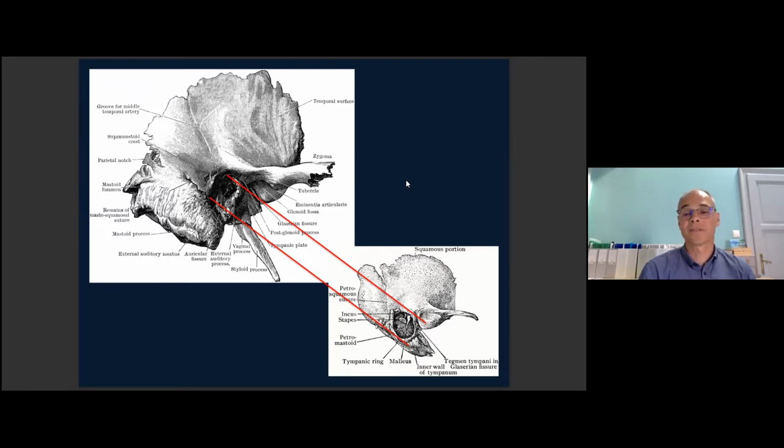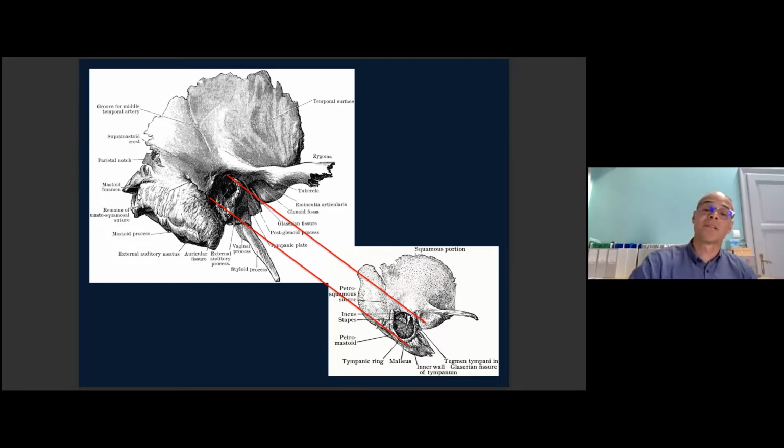I say it because if you want to understand different, non-typical clinical situations in the OP theater, or just give a lecture for students or colleagues, it is understandable if you can see what happened within the temporal bone. That is why understanding the embryology, not everything, but the most important things within the temporal bone, helps a lot.